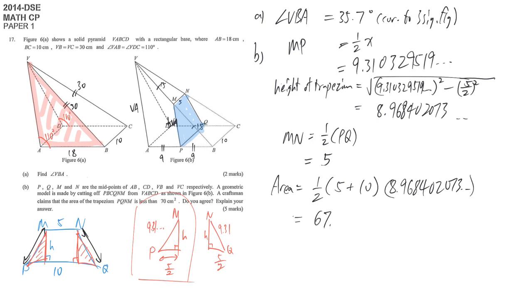We get 67.263 something cm squared. And then compared with the reference here, it is smaller than that, so smaller than 70 cm squared. And then it's less than. Do you agree? I agree. It is smaller than. So we agree with the claim.